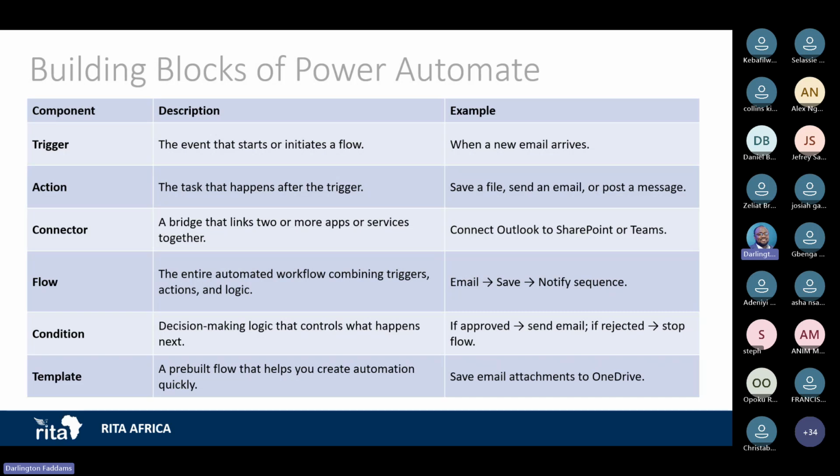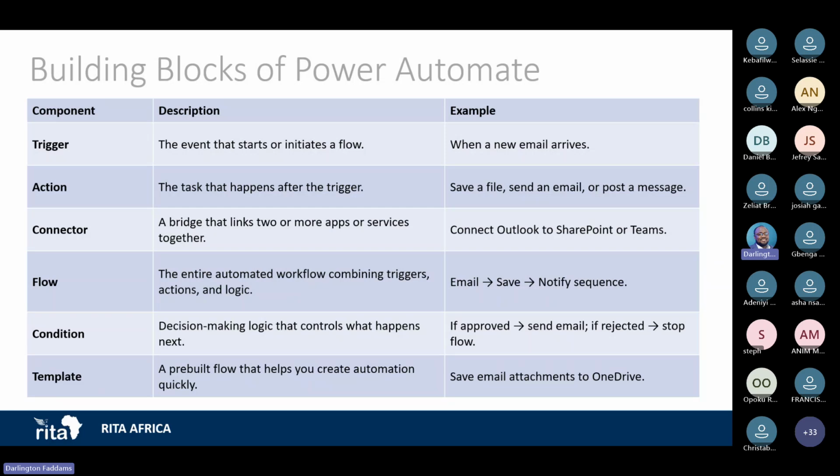All right. So before we start creating a few flows, we are going to take a look at the building blocks of automation again. Yesterday we mentioned that for a flow to be created, we have what is called a trigger. The trigger is the event that initiates the flow or starts the flow.